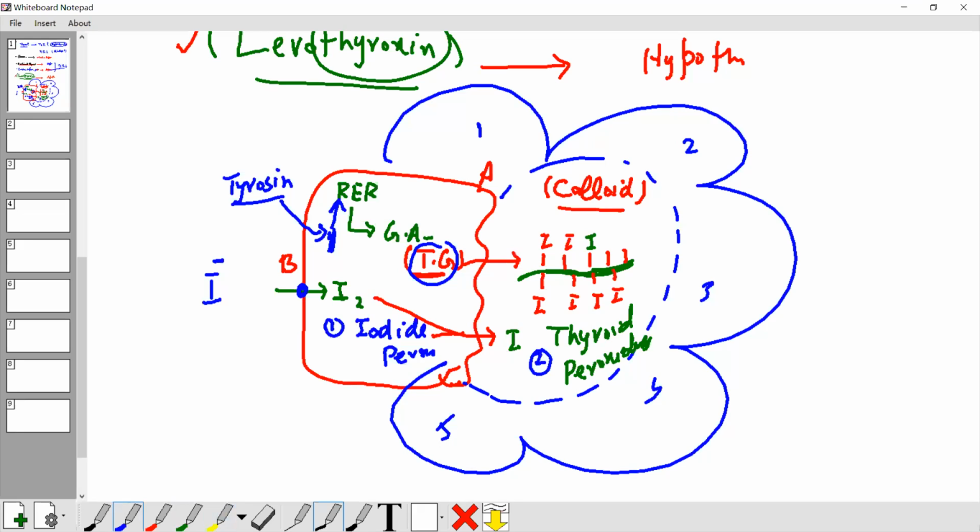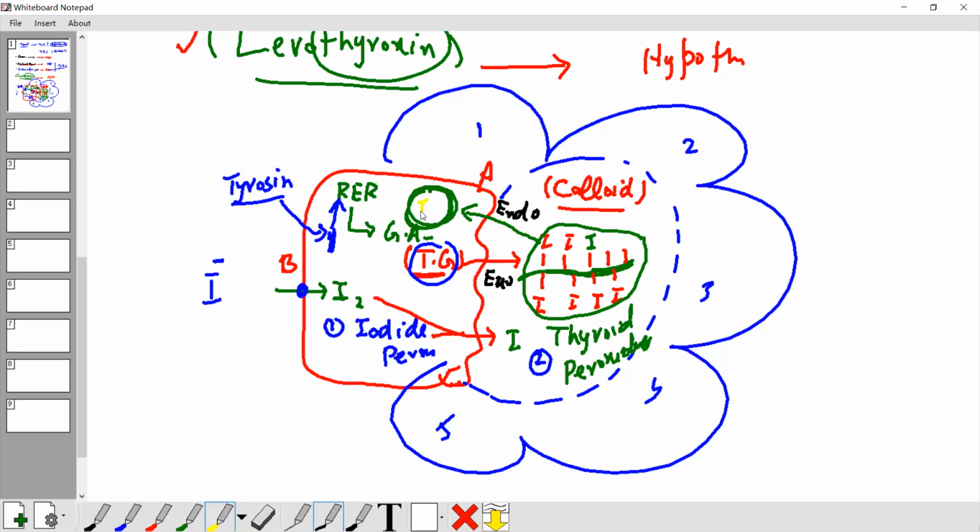After that, what happens once the iodination is done? This protein is taken back. First we did exocytosis; now, after addition of iodine, we do endocytosis of this thyroglobulin in a vesicle.